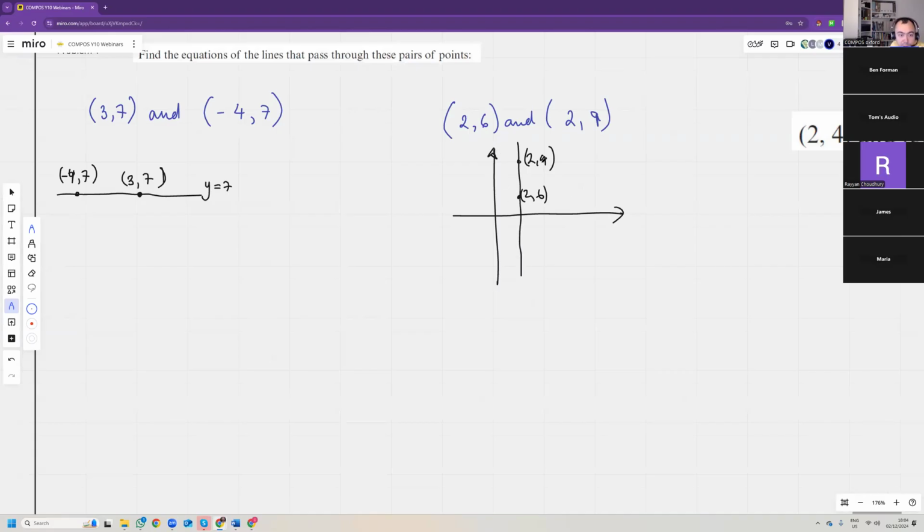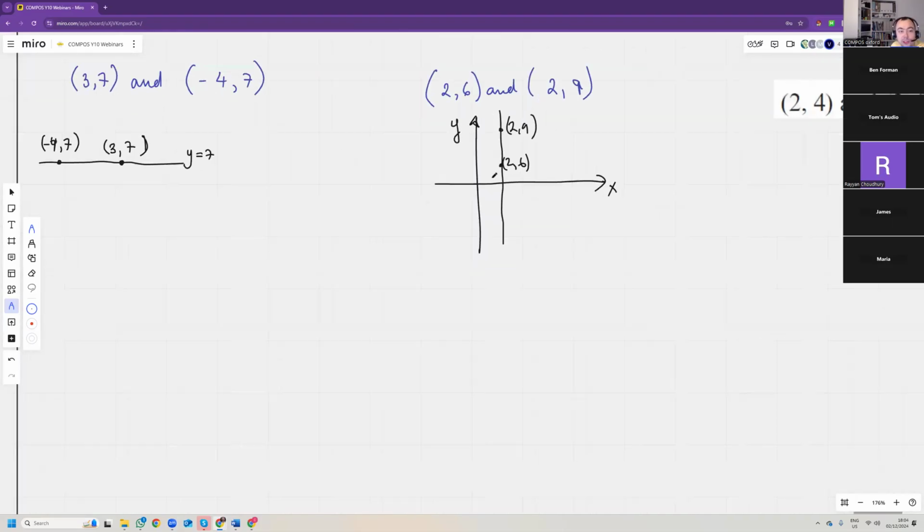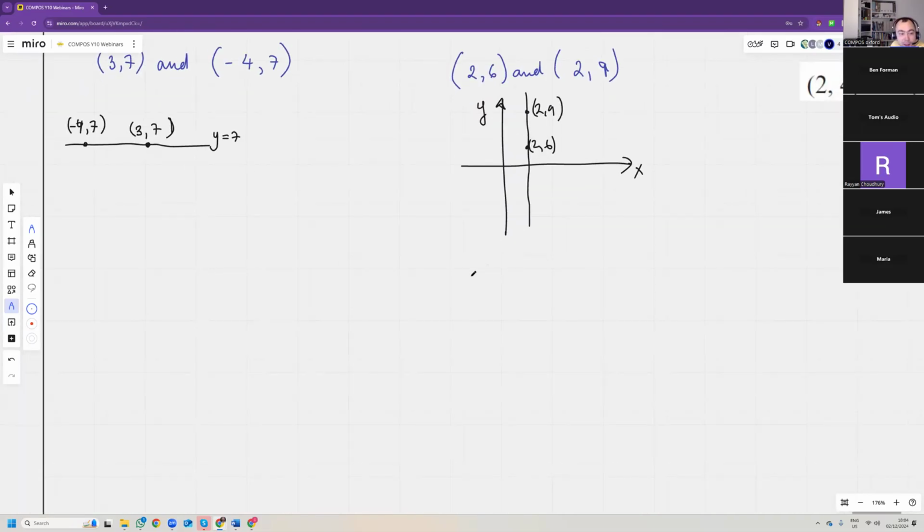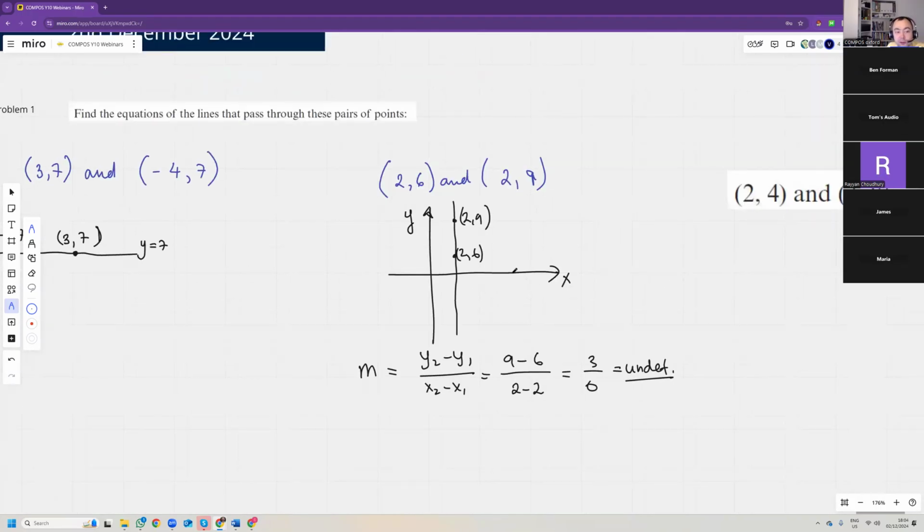Not only do you not need to find the gradient, you won't be able to find the gradient, because the formula for the gradient is y2 minus y1 divided by x2 minus x1. This is going to be 9 minus 6 over 2 minus 2. You have 3 over 0. That is undefined. It's impossible to find the gradient. A vertical line does not have a gradient.